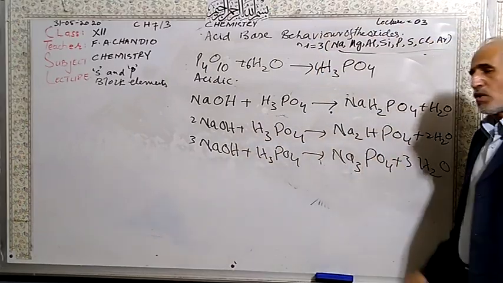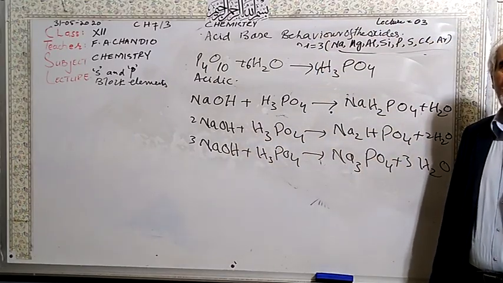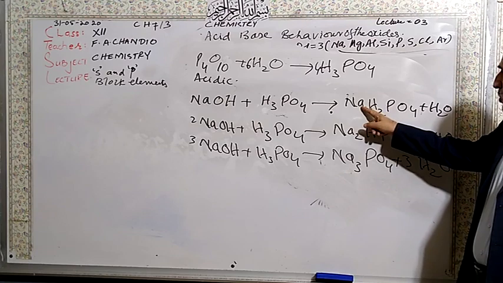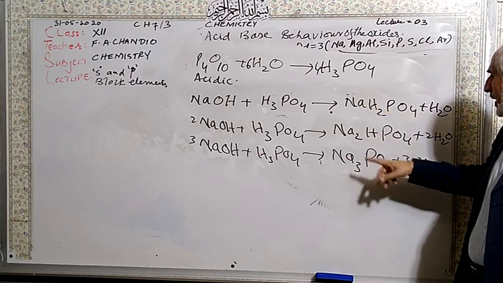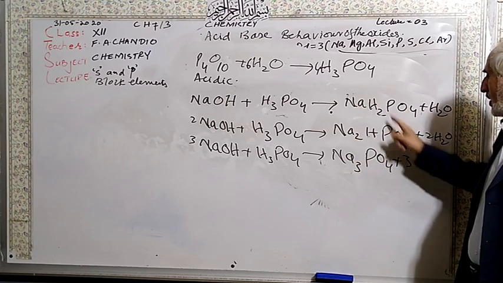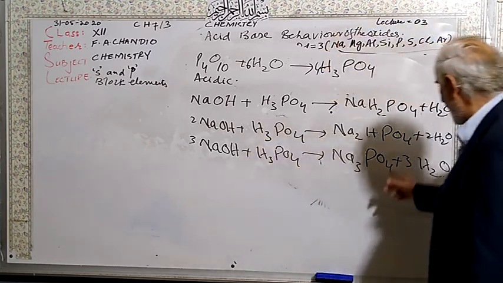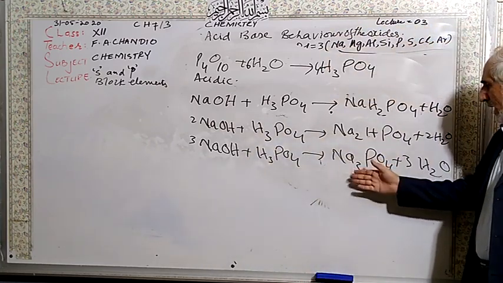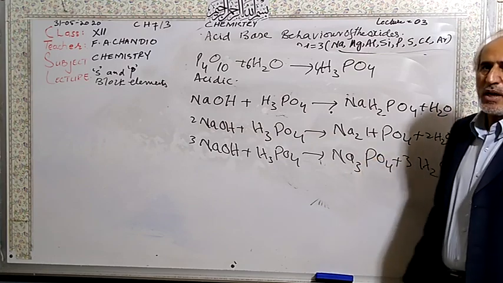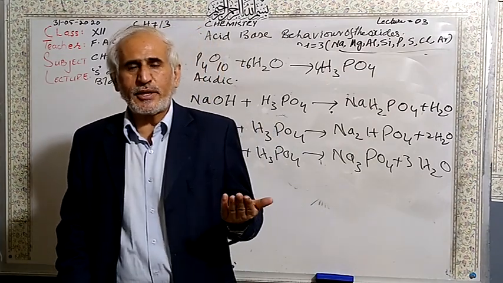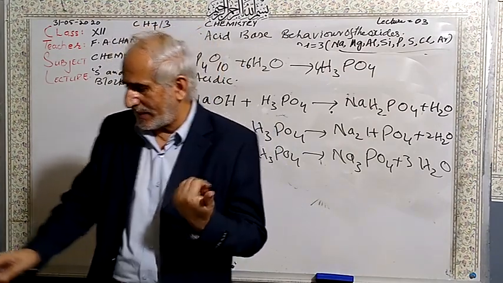And the salt which contains hydroxyl ion is called a basic salt in grade 10. So sodium dihydrogen phosphate or disodium hydrogen phosphate, they are acid salts. And this sodium phosphate which has no hydrogen is called a normal salt. And if there is the hydroxyl ion, we call it a basic salt, as you did in grade 10.